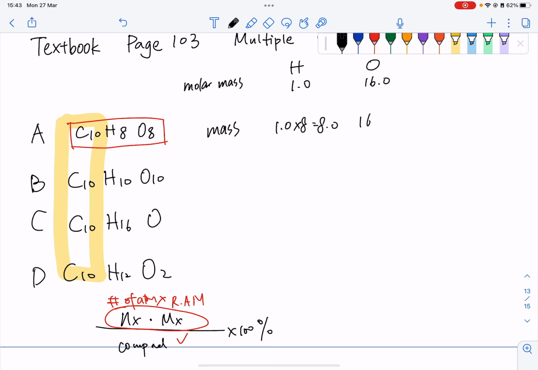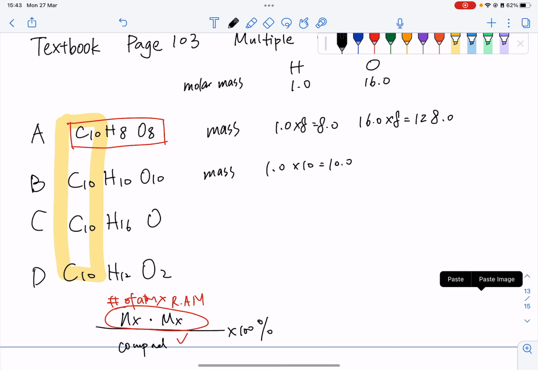And also here, 16.0 times 8, it should be 128.0. And for B, the mass is 1.0 times 10 equals 10. Here is 16.0 times 10 equals 160.